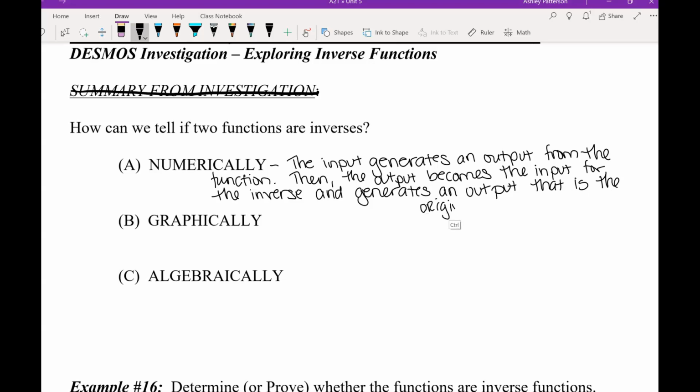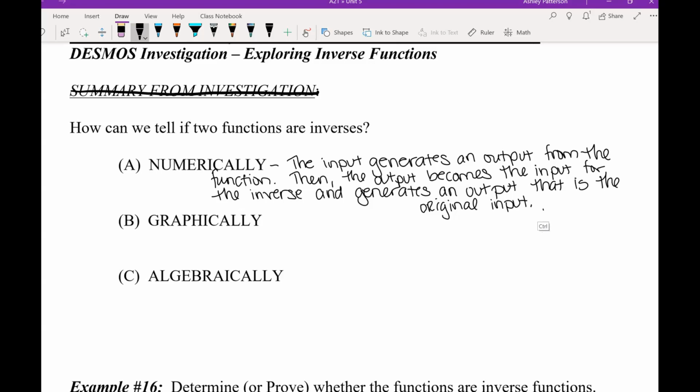So many words. So we have some input, right? And we put that into the function, the given function, and that generates an output. We then use that output as the inverse x value, the inverse input, and that will generate an output that is the original input. What the heck does that look like, Patterson?